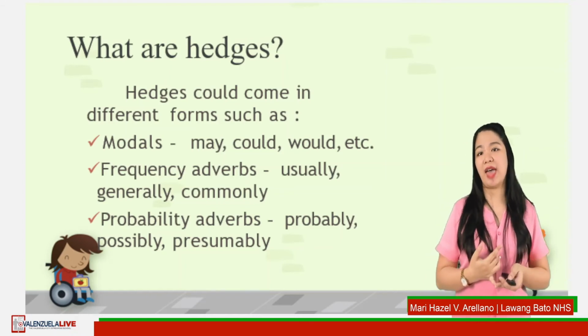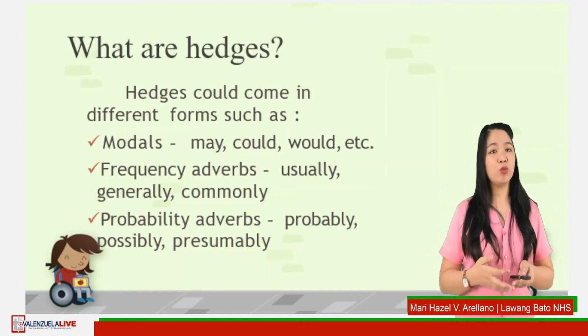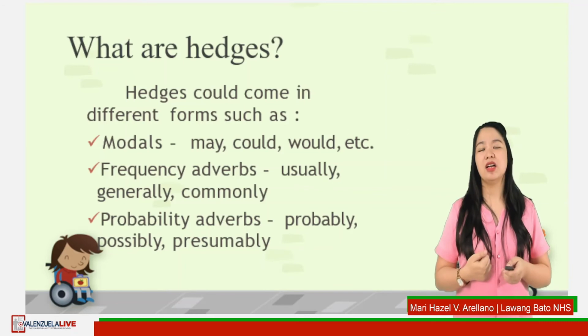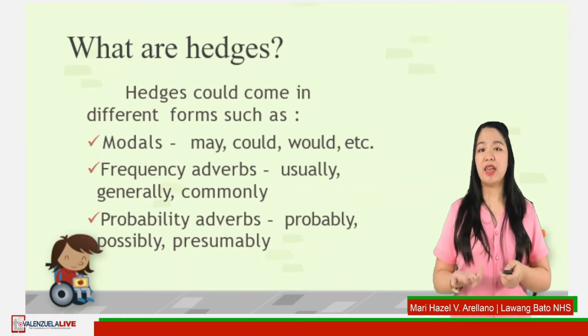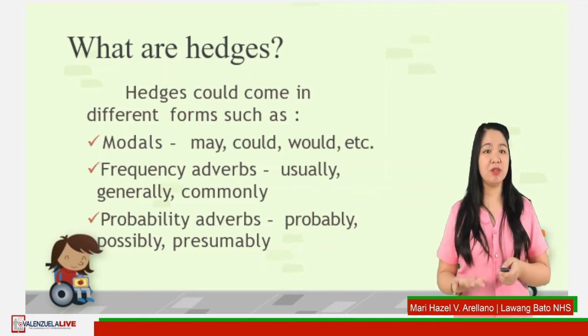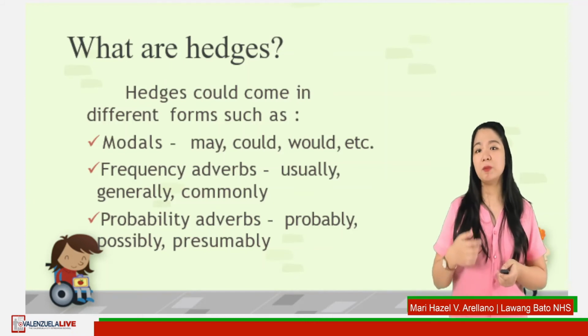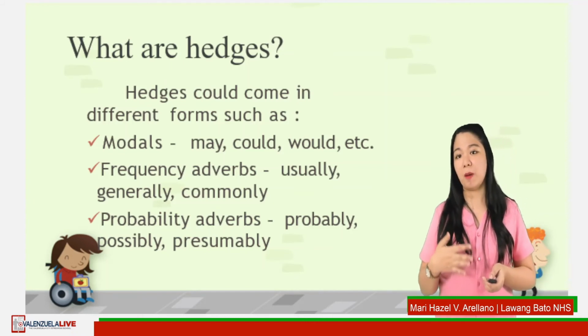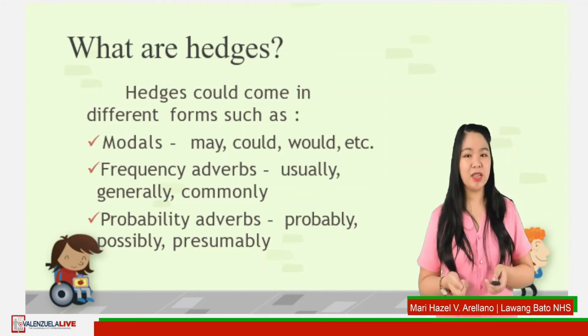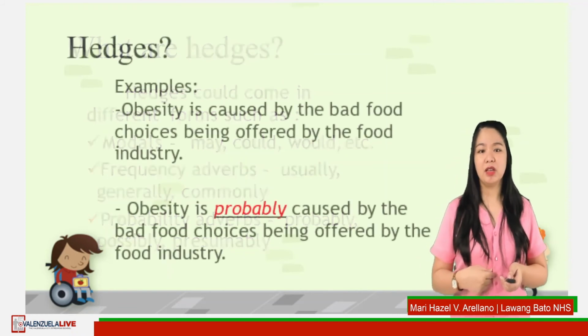Under modals, we have may, could, would, etc. In frequency adverbs, we have usually, generally, commonly, while in probability adverbs, we have probably, possibly, presumably.